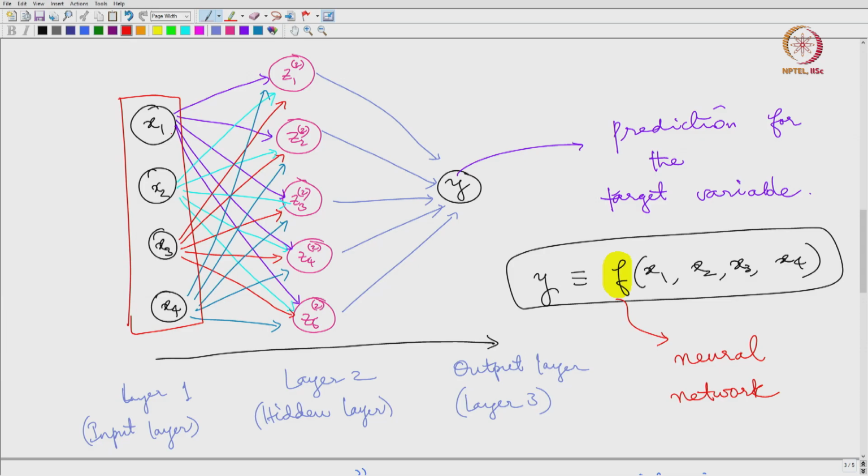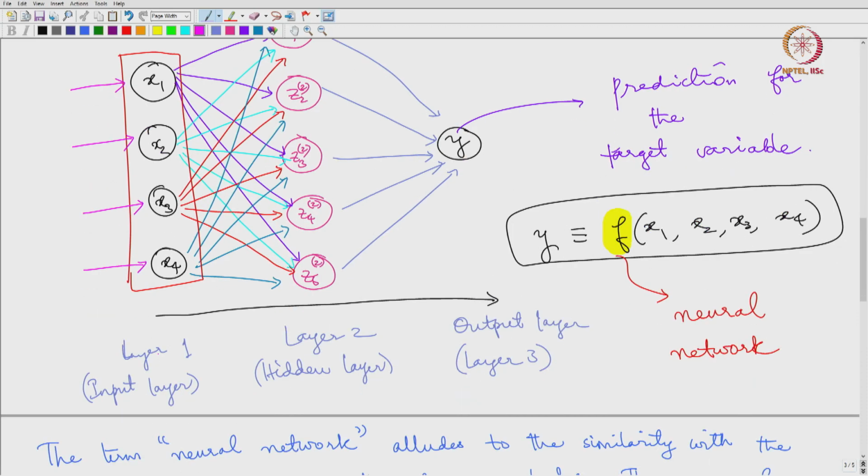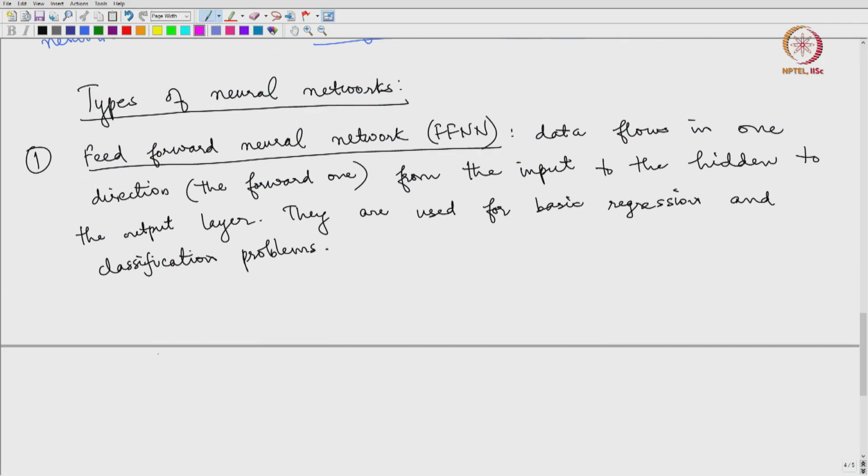What happens in the past will affect what is happening in the future. So, then it does not make sense to feed all the features at once in the input layer. There must be a possibility to feed data later on into the network, and this is what leads to the concept of a recurrent neural network.